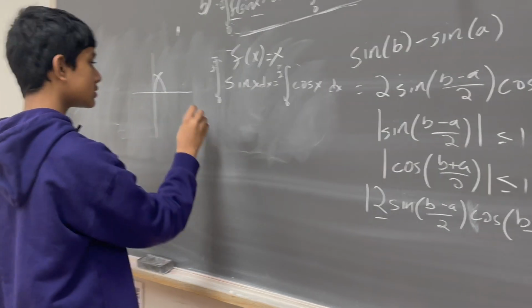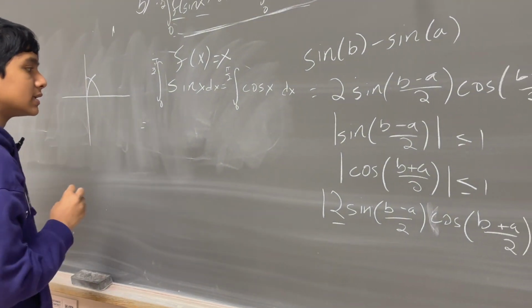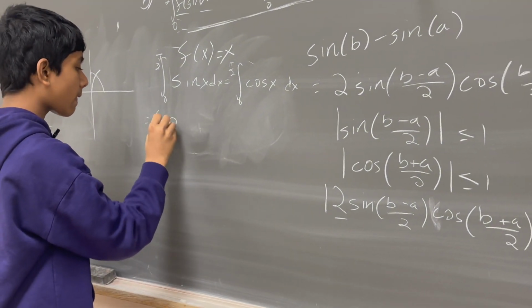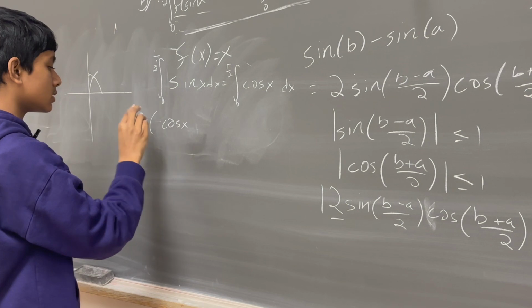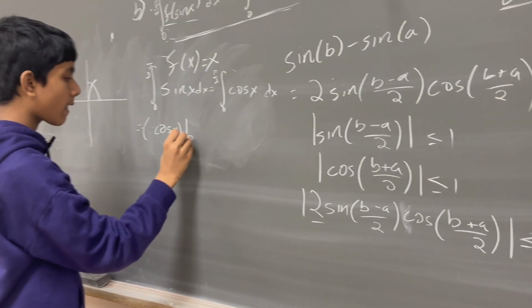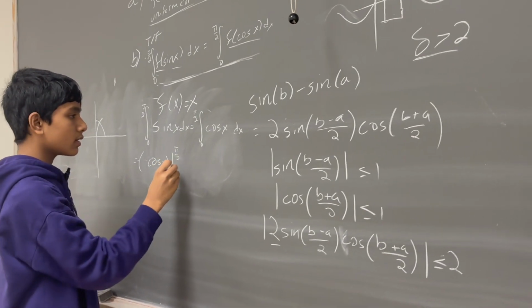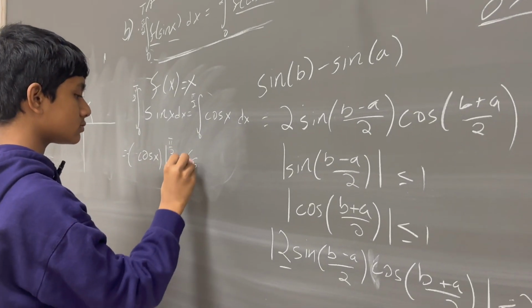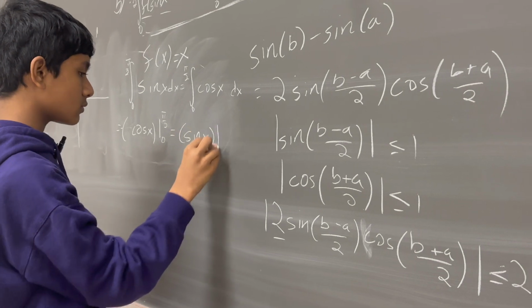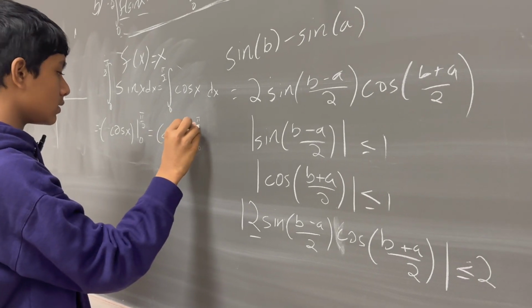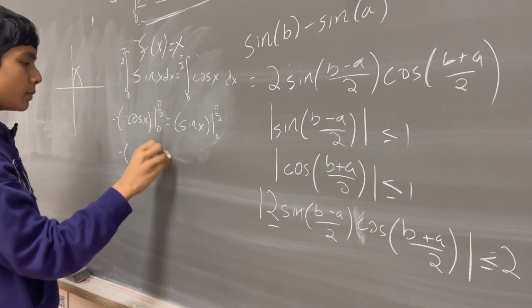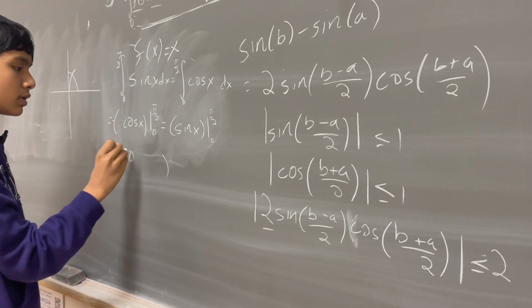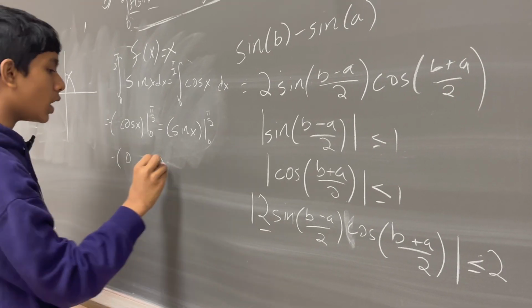But to actually rigorously show that, the integral of sine is negative cosine, so I'll just put that negative outside. And the integral of cosine is sine. So cosine of pi over 2 is equal to 0, and cosine of 0 is equal to 1.